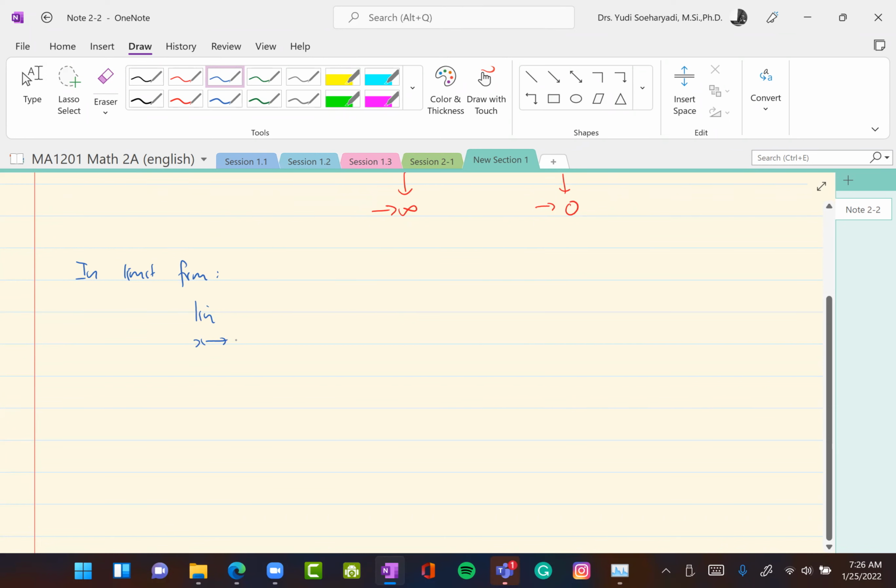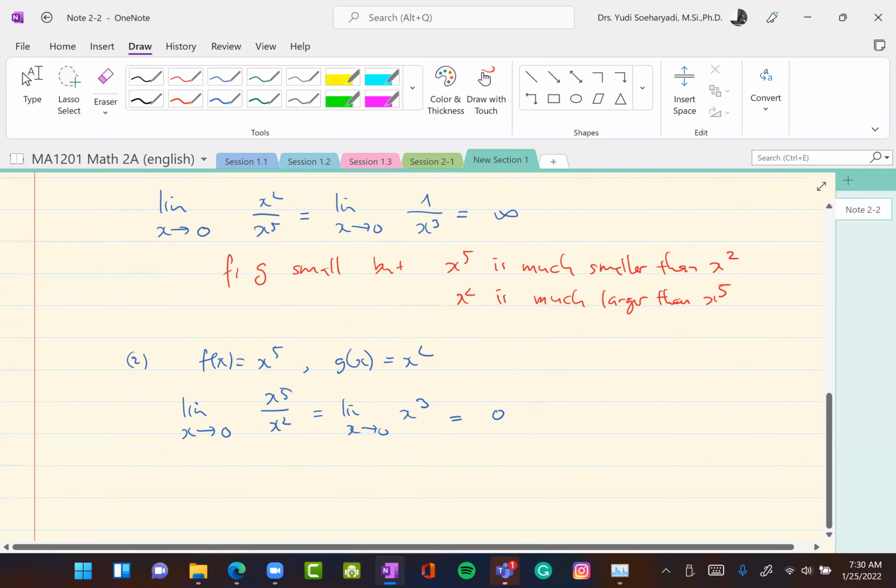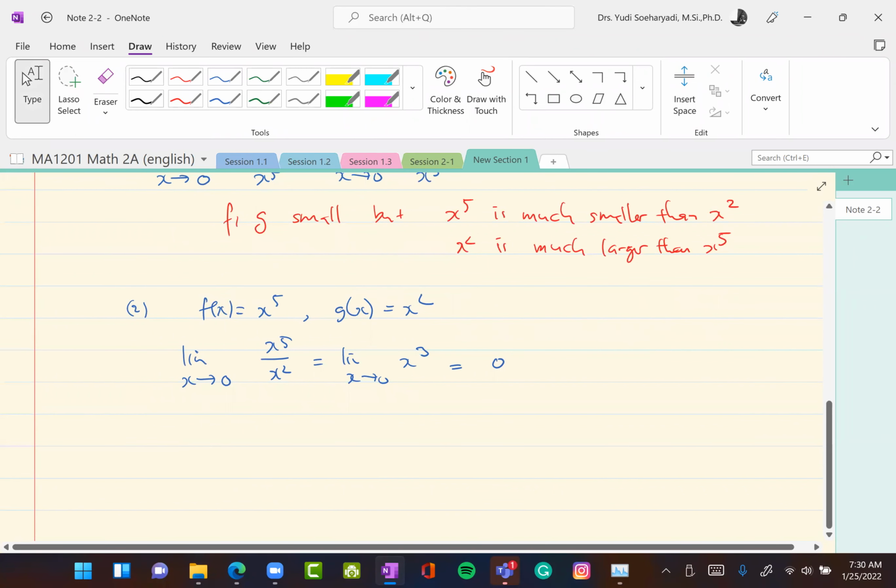Okay, so let's simplify this one. x cubed. Well, the limit is 0. Okay, so you see in this case both are small. x to the fifth, x squared is small when x is small. Right?